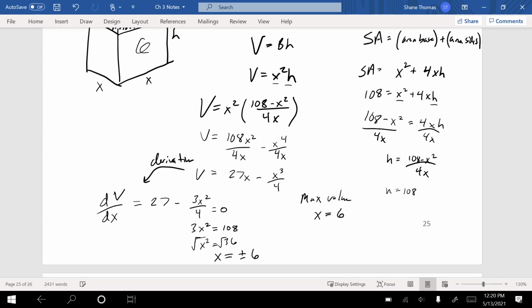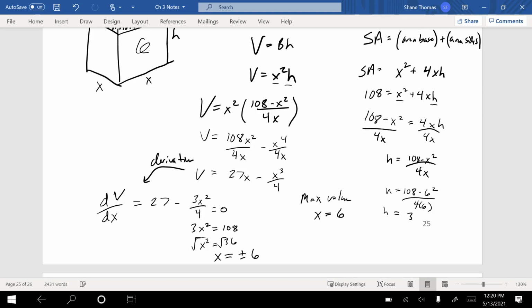H equals 108 minus 6 squared over 4 times 6. 108 minus 36 over 24. It's going to end up with 3. Okay.